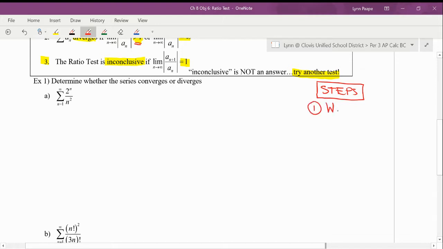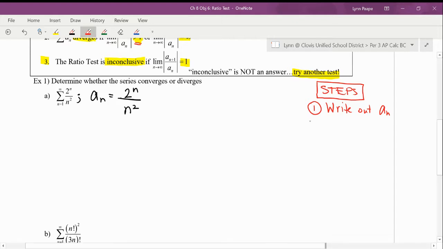So write out a_n, which is just whatever the sequence is, so the rule. That is just the piece that follows the sigma, which is the rule for the sequence. I know this is an infinite series, but I'm just writing out what those different values are, okay? So a sub n is 2 to the n over n squared.